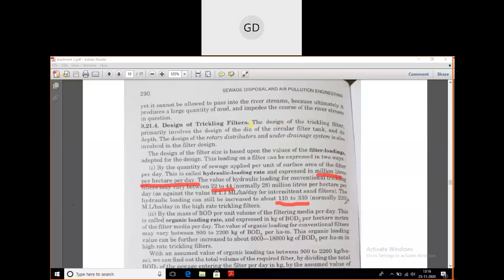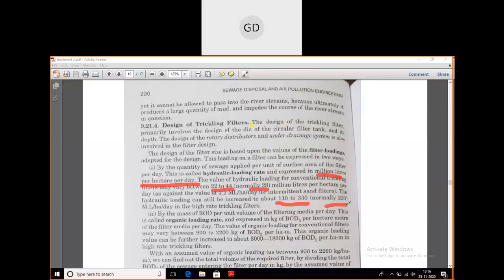For conventional it is 22 to 44, and for high rate trickling filters it is 110 to 330 million liters per hectare per day. Clear? So there it is between 22 to 44, normally you can take 28, and for high rate trickling filter it is between 110 to 330, and normally you can take the value of 220, but this depends upon you, whatever value you take.